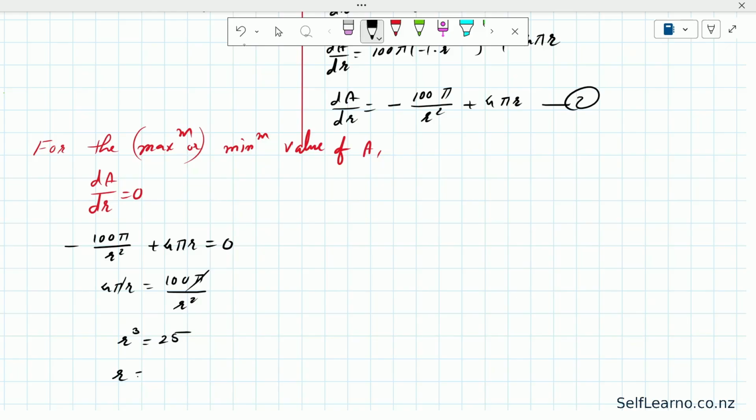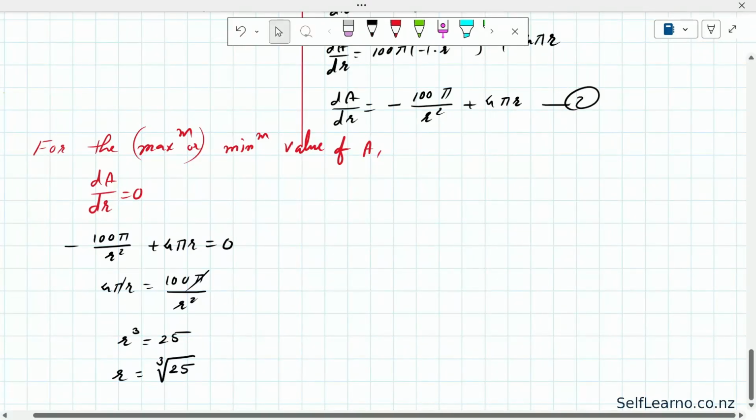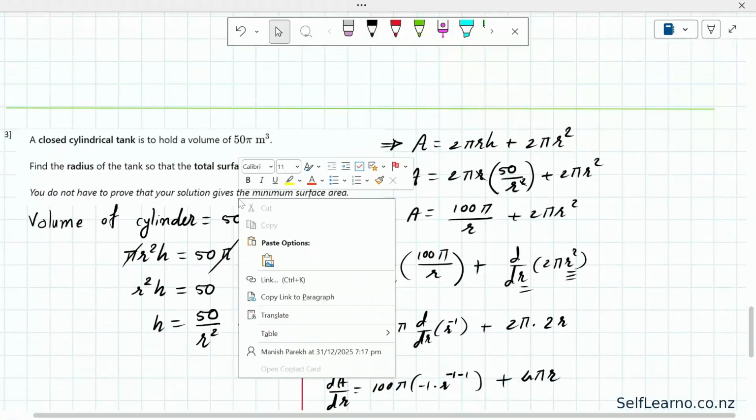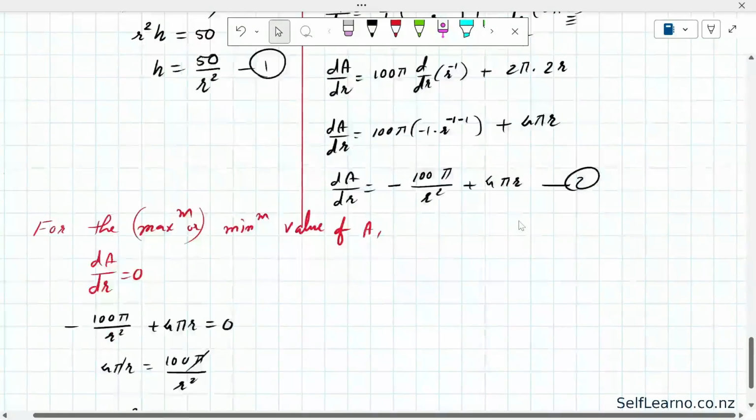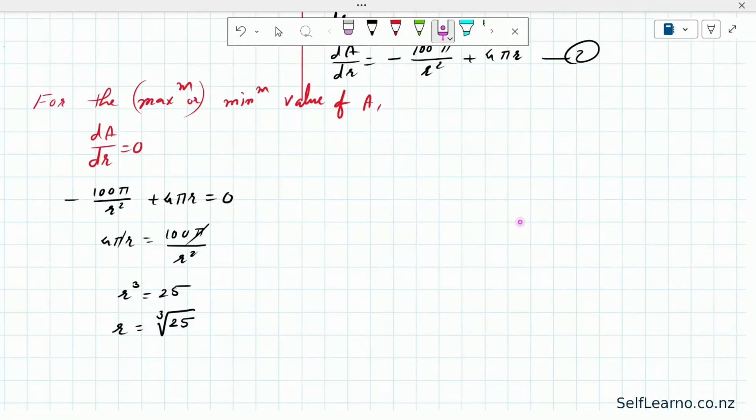So r is the cube root of 25. And again, you don't need to prove that your solution gives the minimum surface area. So we accept the result that this r gives the minimum surface area.